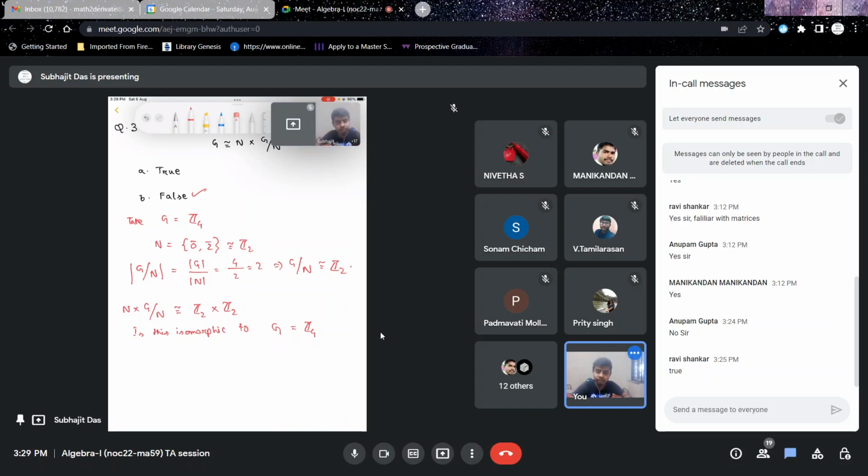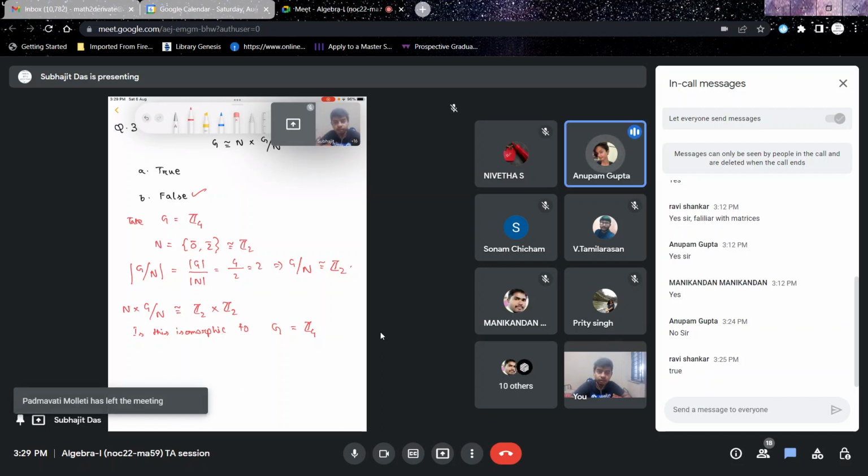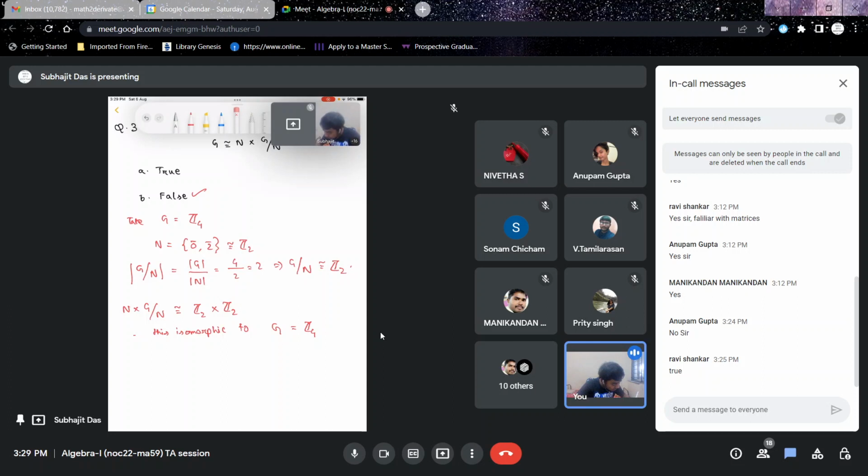Are they isomorphic? No, they can't be isomorphic. There is no element of order 4 in Z2 cross Z2. Good. So instead of writing "is this isomorphic", I should write this is not isomorphic to Z4. So this is a counterexample.